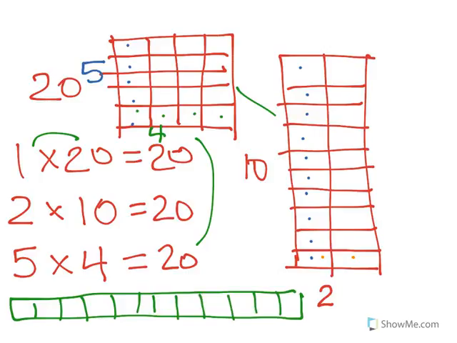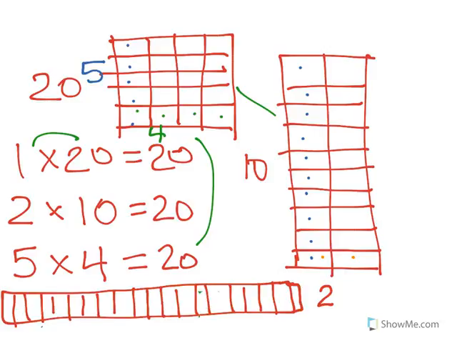It's going to be hard for me to draw, but I will give it a shot. Okay, so if you look here, I drew a set of boxes that are actually 20 units long. So 1, 2, 3, 4, 5, 6, 7, 8, 9, 10, 11, 12, 13, 14, 15, 16, 17, 18, 19, 20.